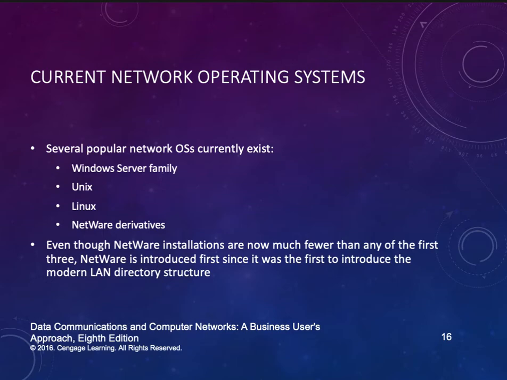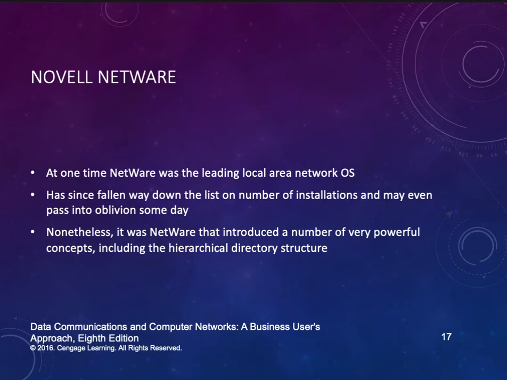We go in detail. First one is Novell NetWare, that's what they call it. It used to be one of the popular network software, but then it died down. It's quite a powerful concept.